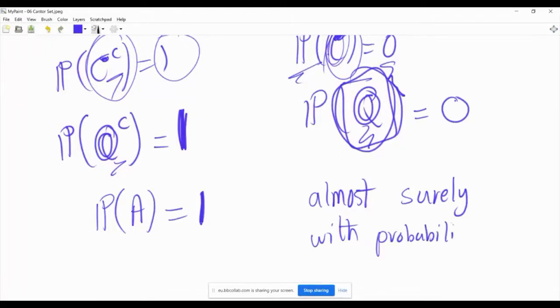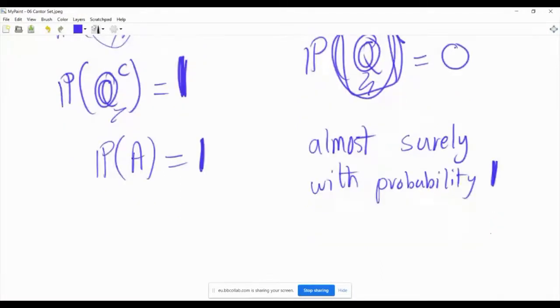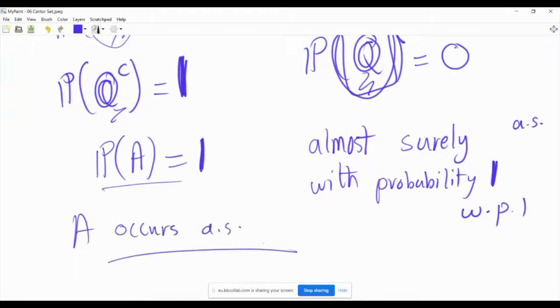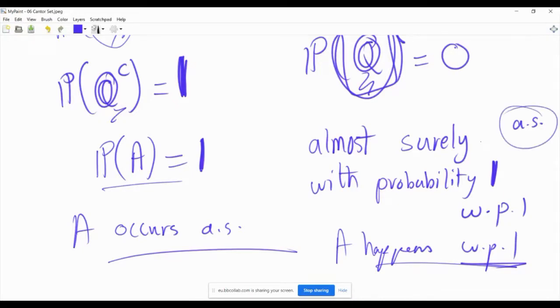They are basically the same thing: almost surely, AS, and with probability 1, WP1. So here I say that A occurs or happens almost surely. This is just a way of saying that the probability of A is equal to 1. Or I can write that A happens with probability 1. Get used to these notations, because they are used a lot.